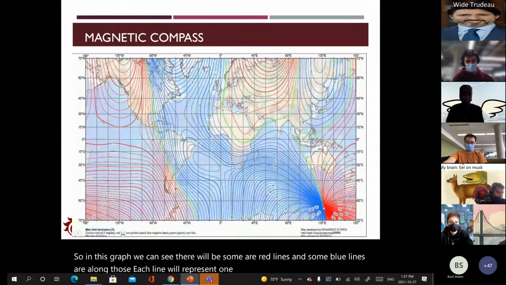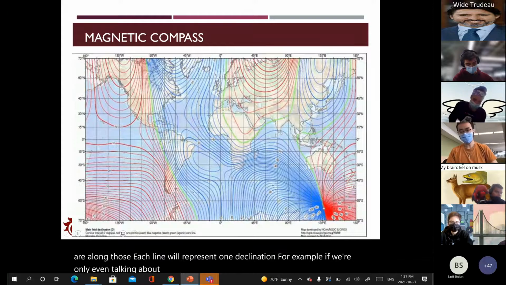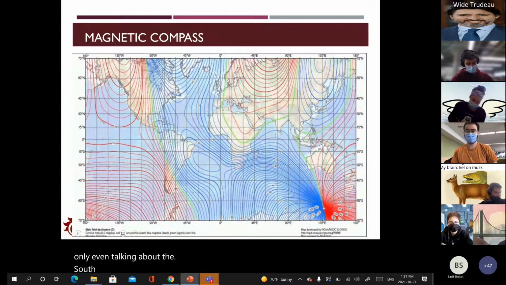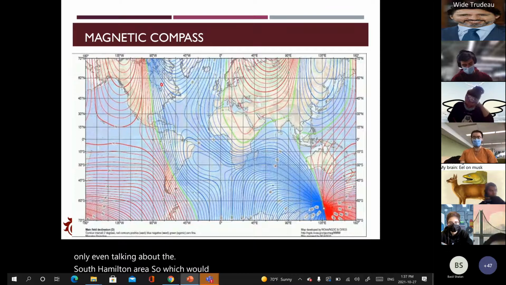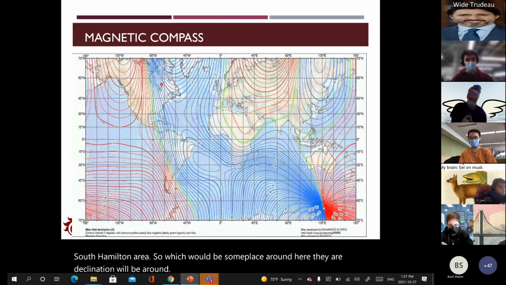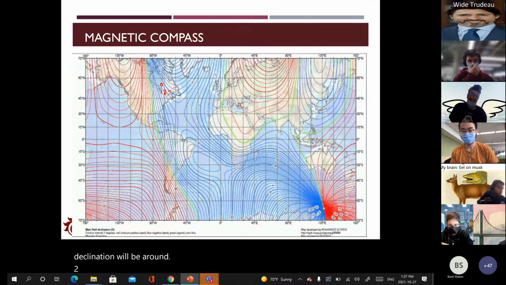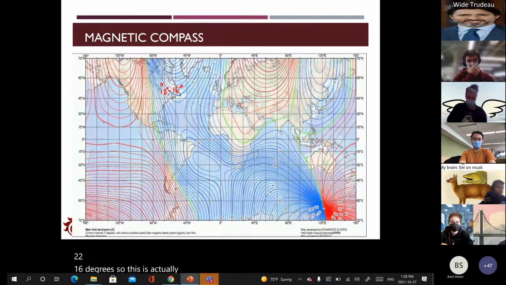For example, if we are talking about the South Hamilton area, which would be some place around here, the declination will be around 12 to 16 degrees. So this is actually a very huge difference from the true north.